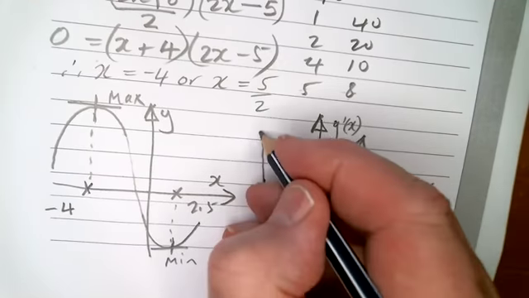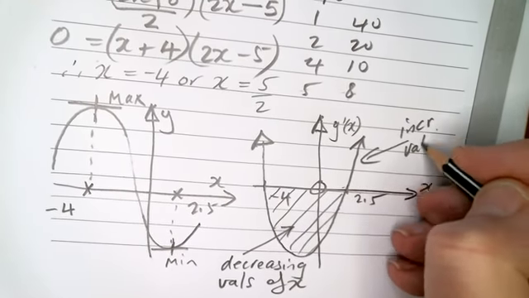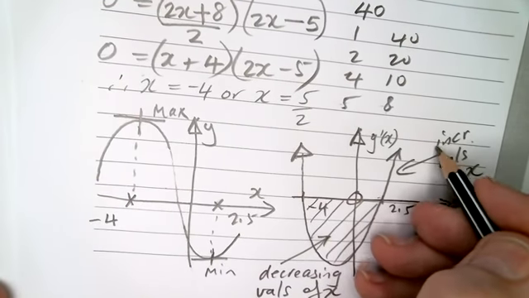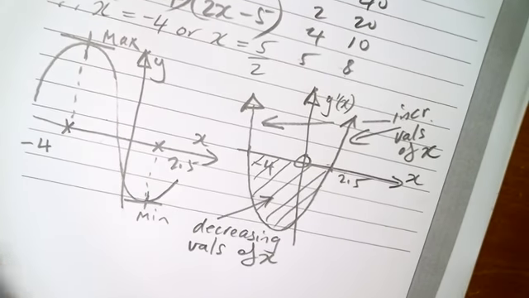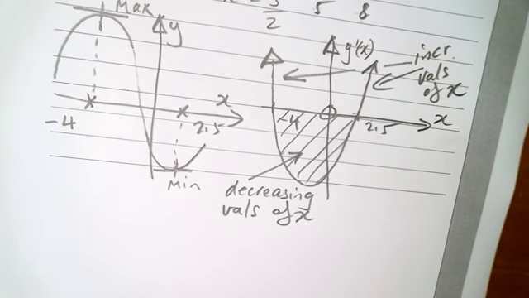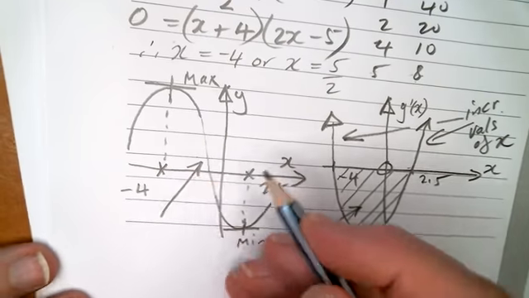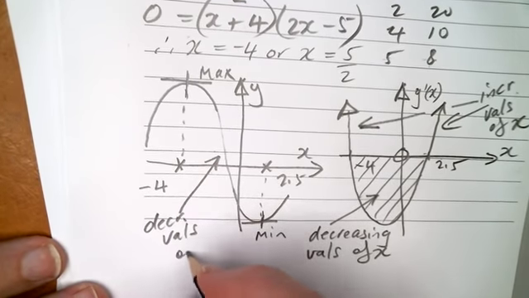On the other side here, we've got increasing values of x. And these are also increasing values of x. All right, so this is how we know that. So we know it because we've got decreasing values of x here.